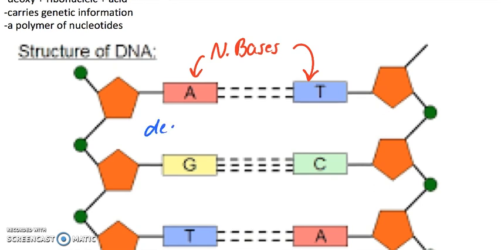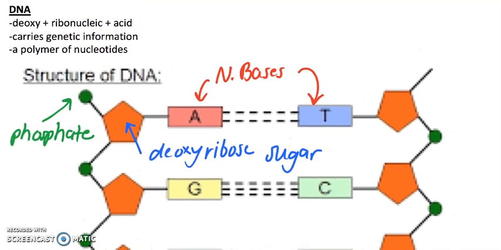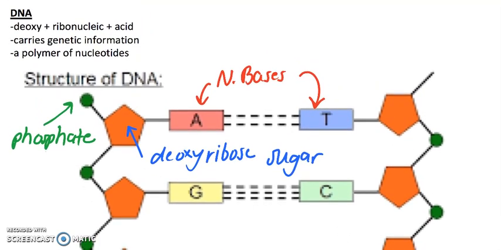This is my deoxyribose sugar. And then this guy up here, this is my phosphate group. So put these together and you make DNA. And DNA carries your information. Whatever you were, what you are now, and what you will be, it's because of your DNA. It's your blueprints.